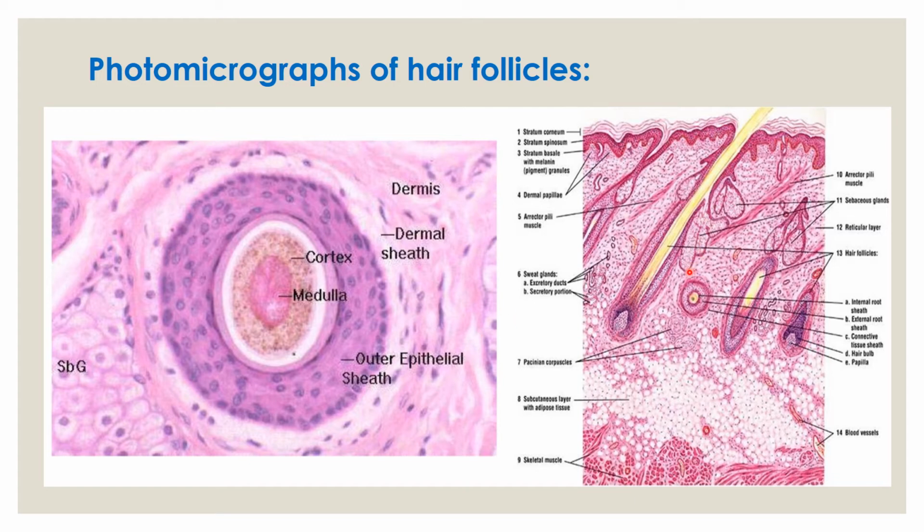Here you can identify all the parts of the hair, and these are the sebaceous glands which are attached to it. This is the pilosebaceous canal, and this is the inferior segment or the root of the hair and the hair bulb. You can identify here the dermal sheath which is continuous above with the epidermis at the dermal papillae.